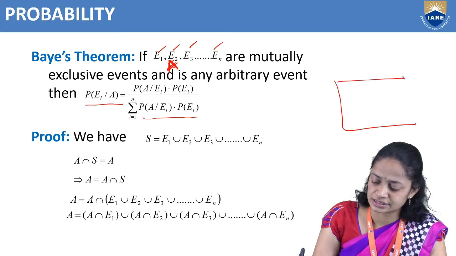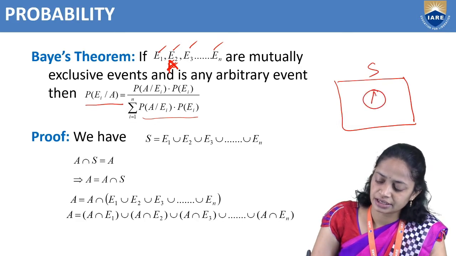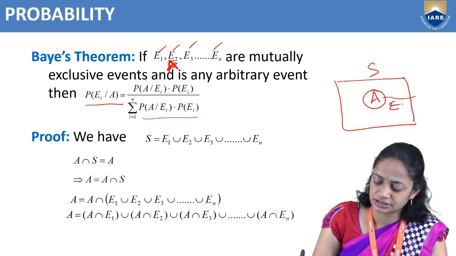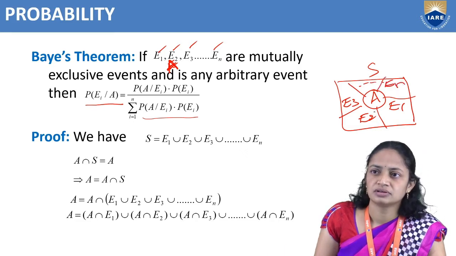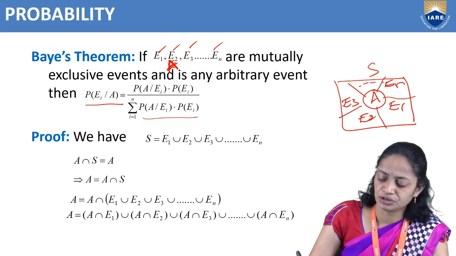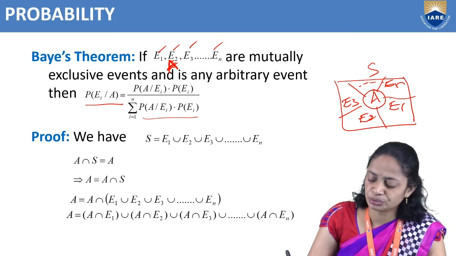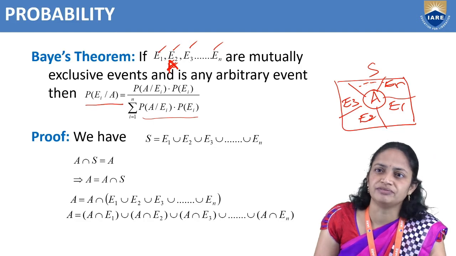So let us consider this is our sample space. Here A is our arbitrary event. Let us consider this is E1, E2, E3 and so on, this is En. So E1, E2, E3 and so on up to En are events, and they are mutually exclusive events.